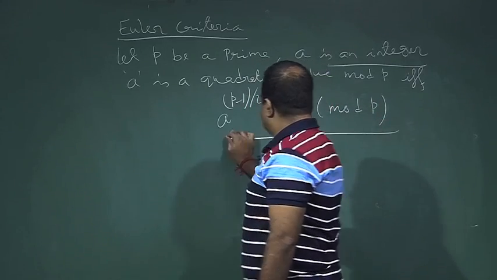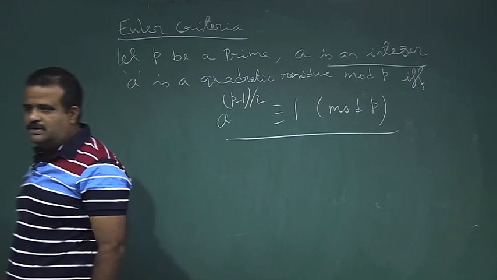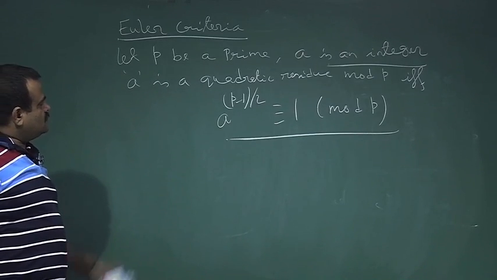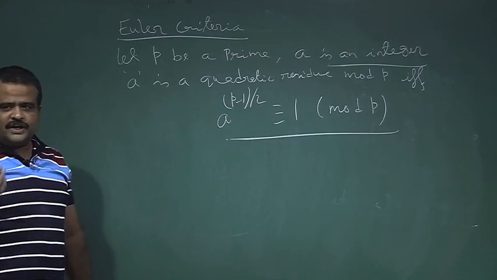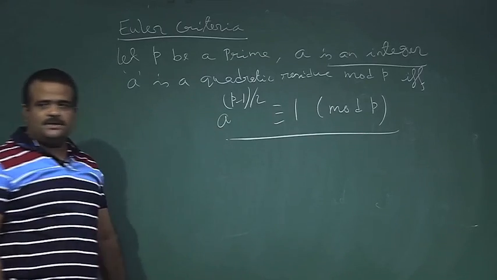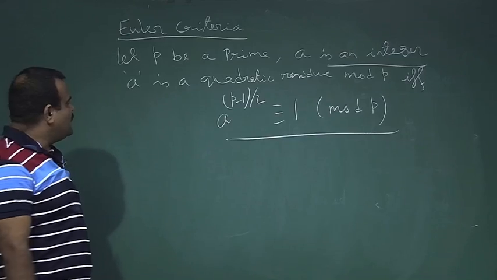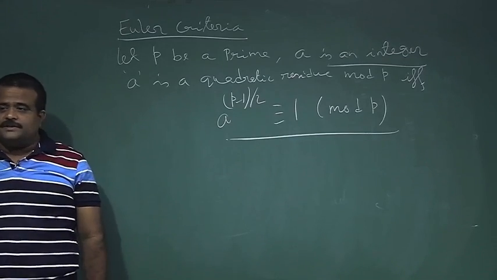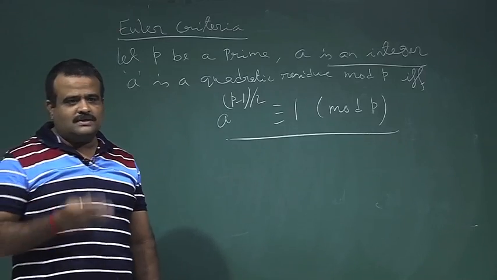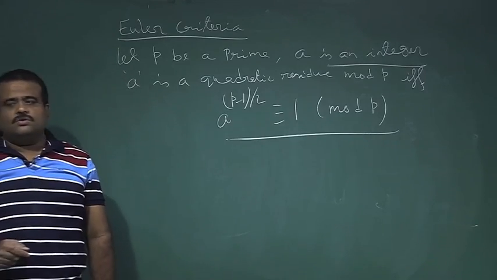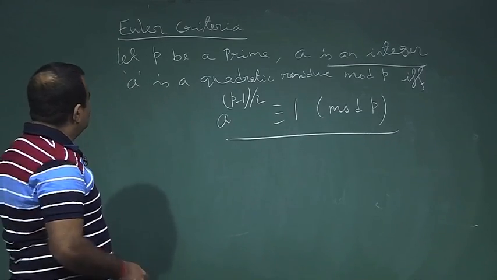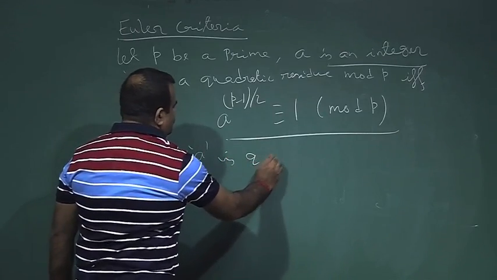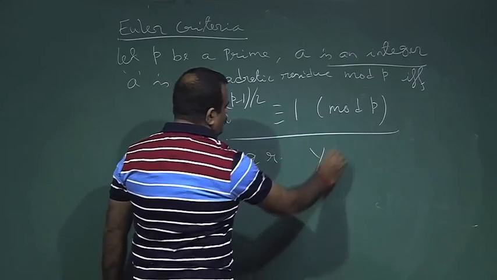This theorem is by Euler, and we have seen the proof in our mathematical background portion. So we check whether this condition is satisfied. If it is satisfied, then a is a quadratic residue. This will tell us whether a is a quadratic residue or not, but it will not give us the square root. It only tells us yes or no.